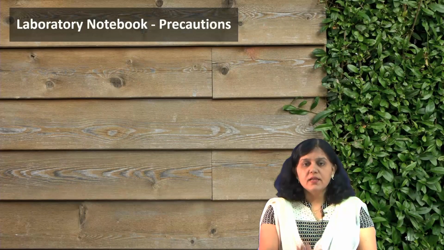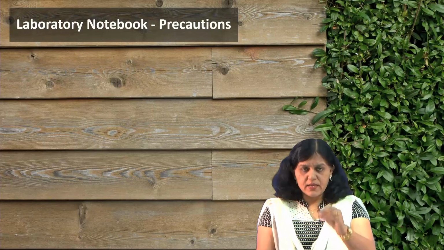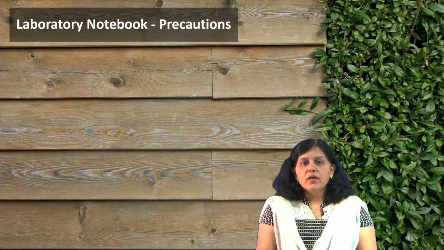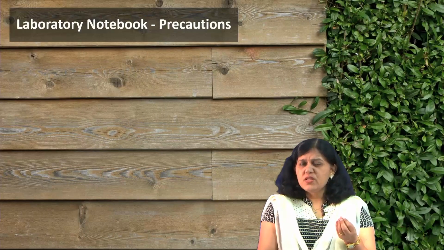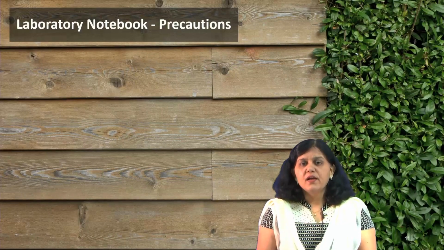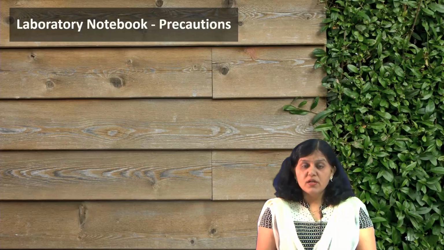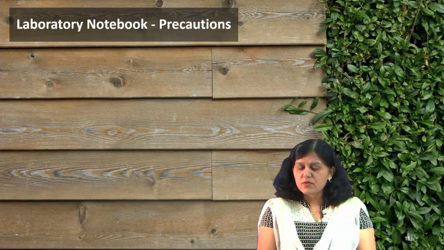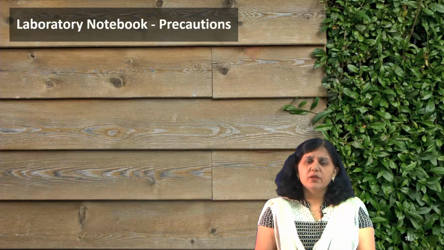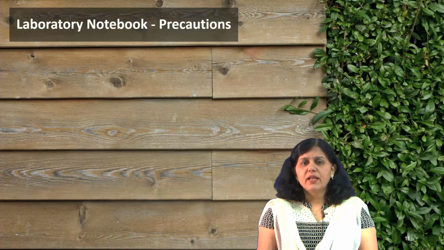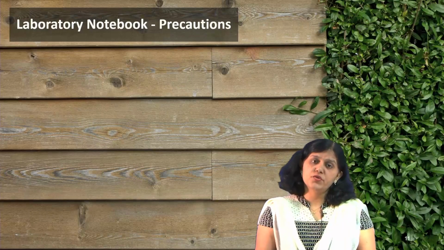But whatever data is there, maintain it properly in the lab notebook. Sometimes you omit something thinking it is very simple, but it may be very important and you may miss it. So whatever data is related to that particular research, mention it in the lab notebook. Those are the precautions you will take.